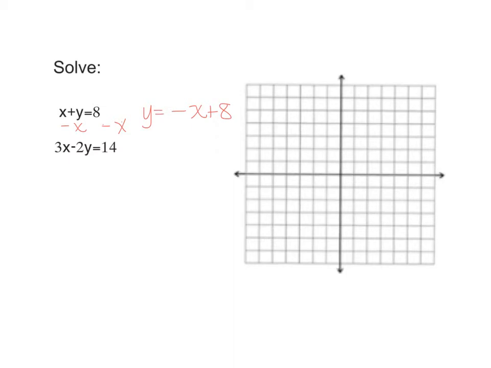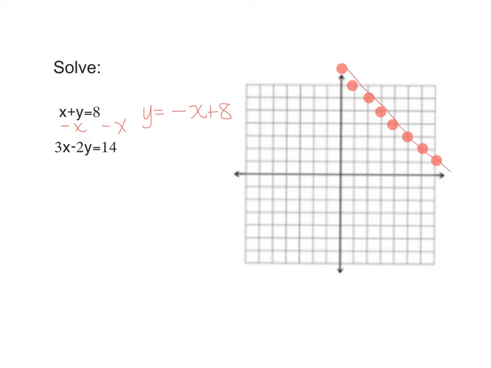And so when I go to graph that, start at 8. It's kind of off my grid. The slope is -1, so go down 1 and to the right 1. And all those points are points on the graph. There's the first one. Whoops, more or less.